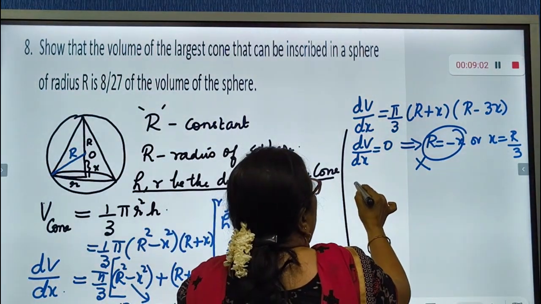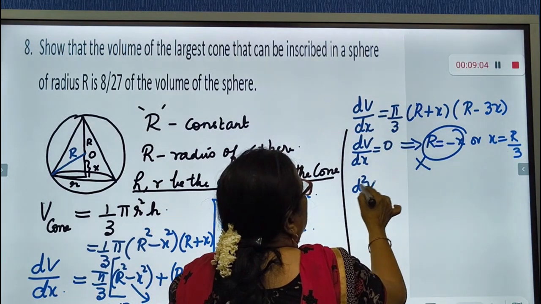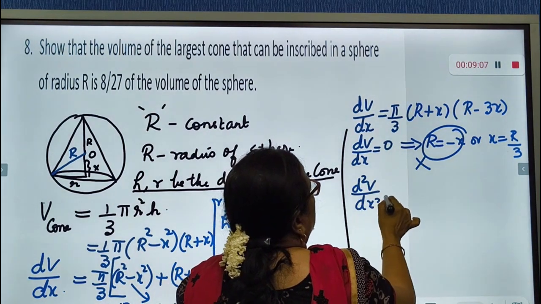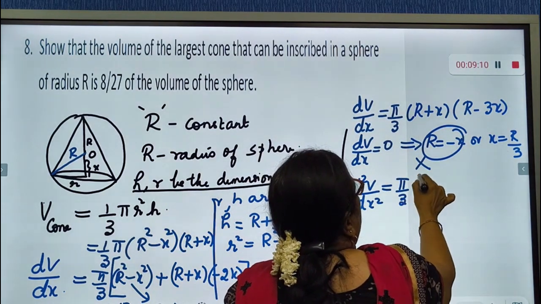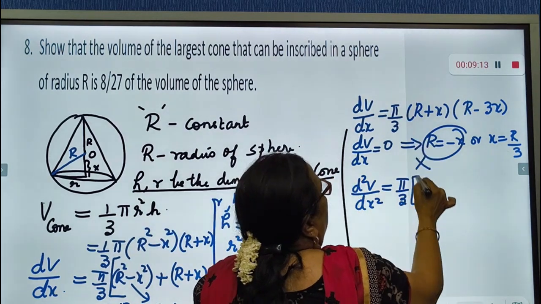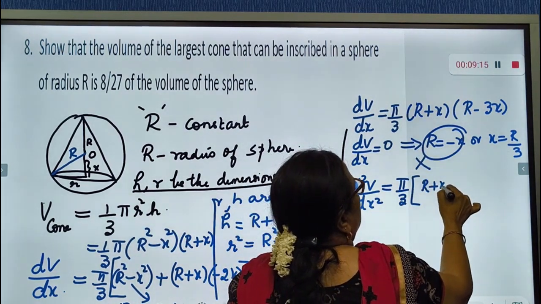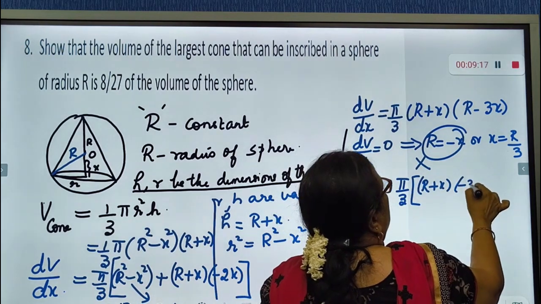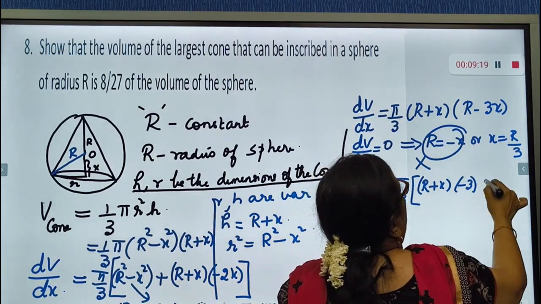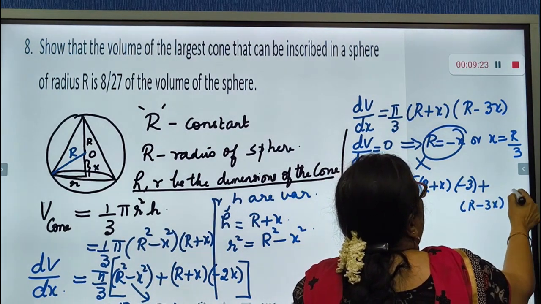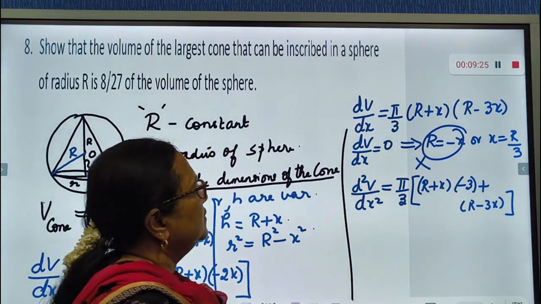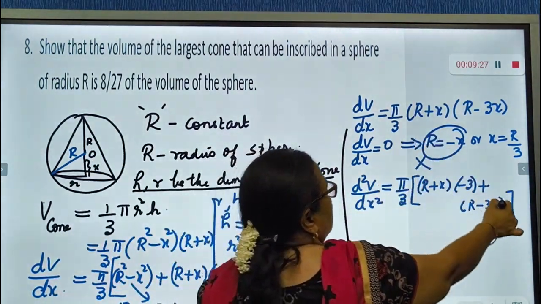Now, what is d squared V by dx squared? That will be pi by 3 into (r plus x) into minus 3, plus (r minus 3x) into the derivative of (r plus x), which is 1.